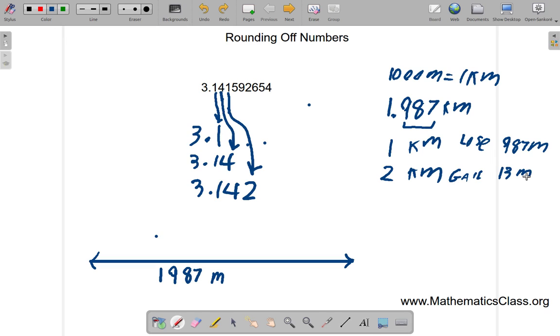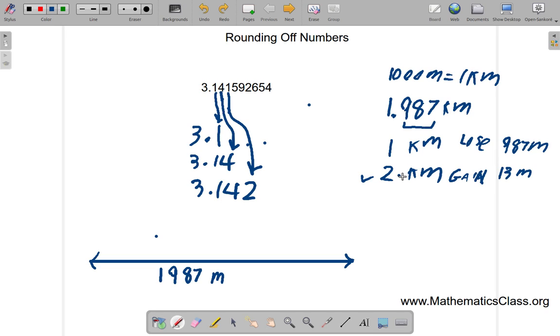Now which one of these would be closer to the original value that you measured? Of course, it's the 2 kilometers that would be closer. So this 2 kilometers is more accurate than the 1 kilometer. 13 meters is a much shorter distance than 987 meters.